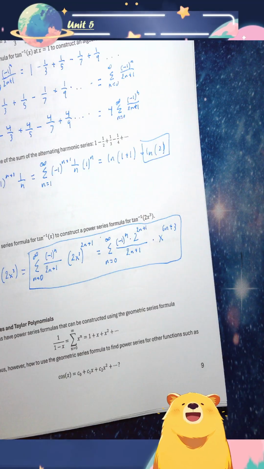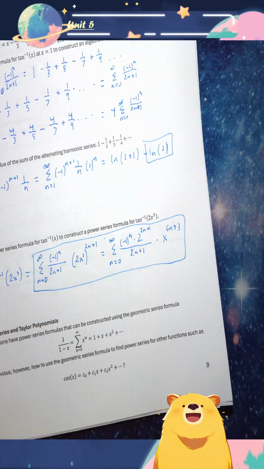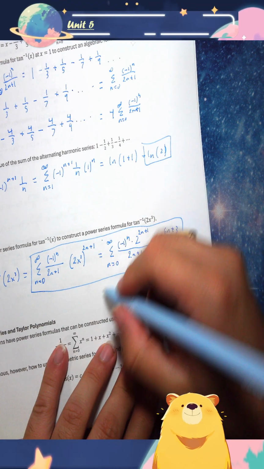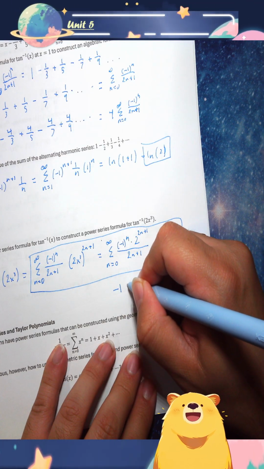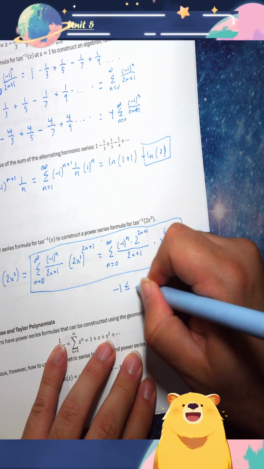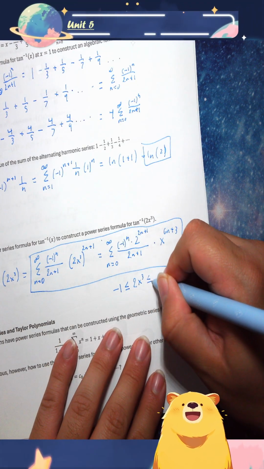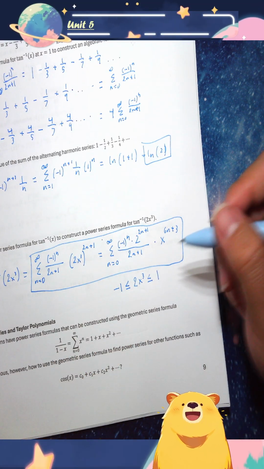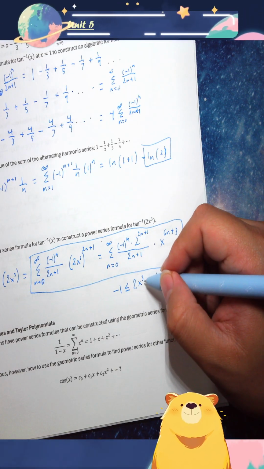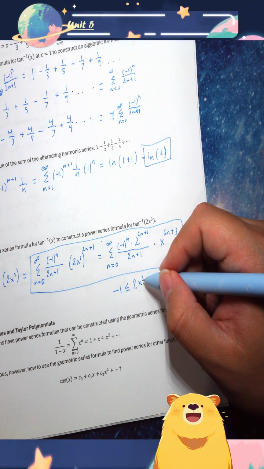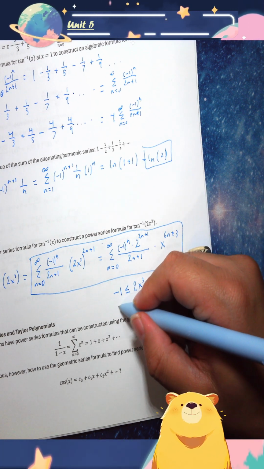Now, this is all still with the same caveat that within that replacement, you would replace the inequality as well. It's less than or equal to 2x cubed is less than or equal to 1. So you just divide by 2 in this case, and then you could cube root both sides.